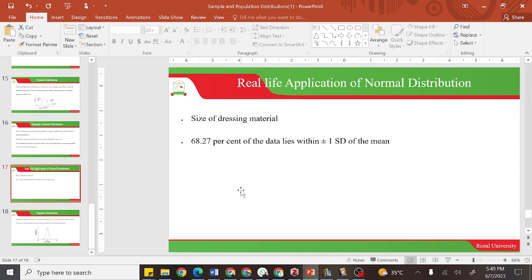Assuming you're interested in dressing material for arms, you look at the average arm circumference of the population that you receive, then you can decide, okay, if I'm purchasing, for example, medium size, it will be able to cover a population.